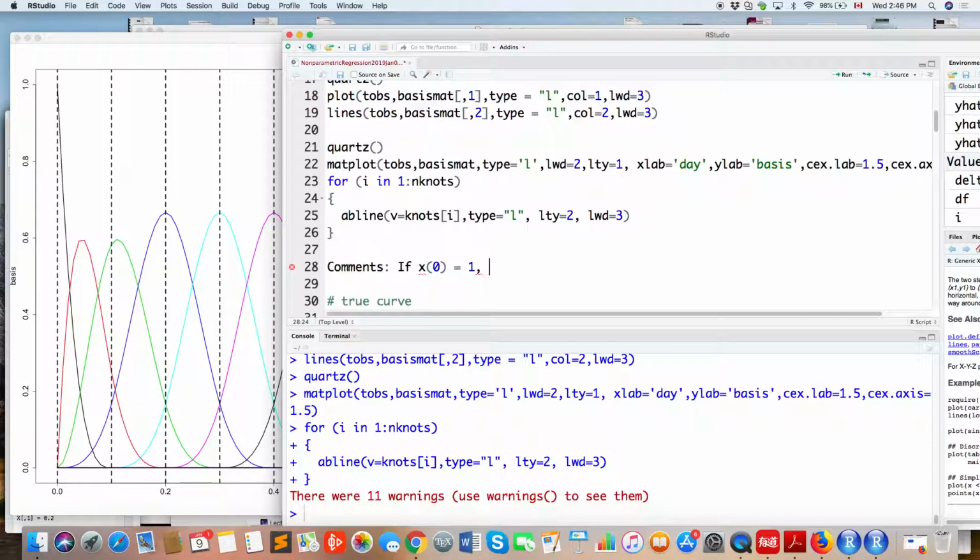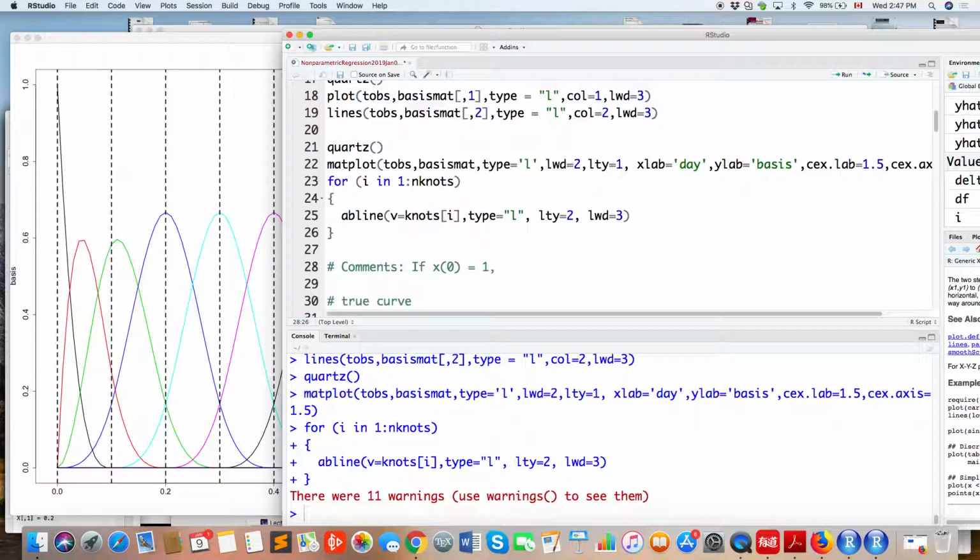If x of t is a linear combination of the basis functions, and we want x0 equal to 1, then we can just set the coefficient of the first basis function equal to 1, right?